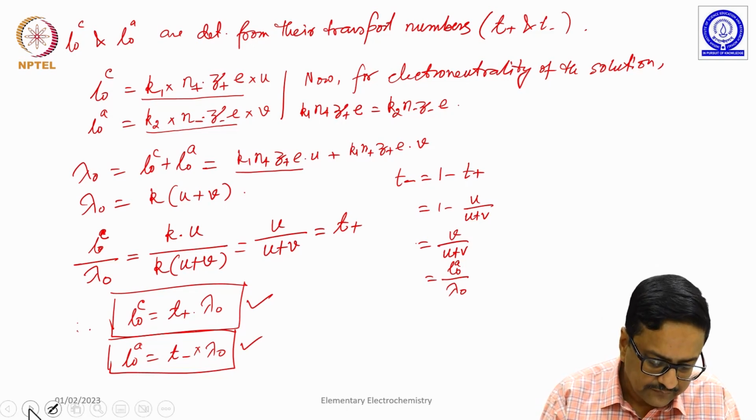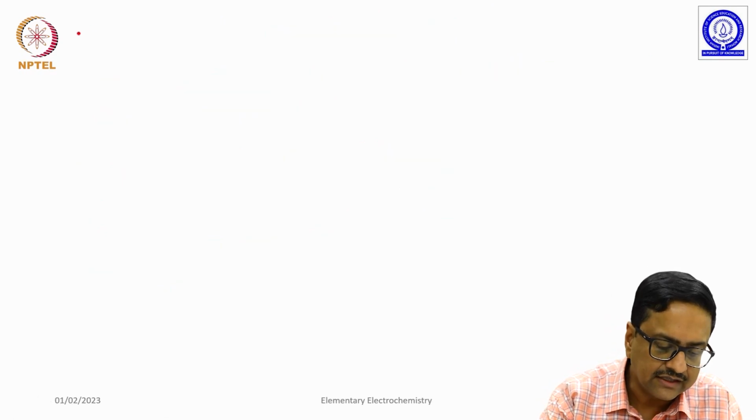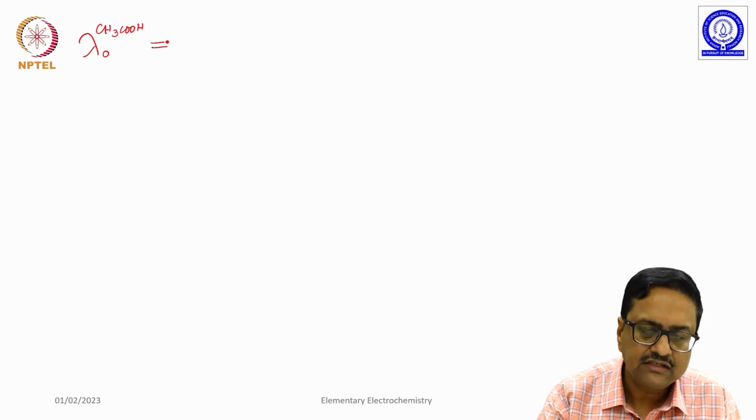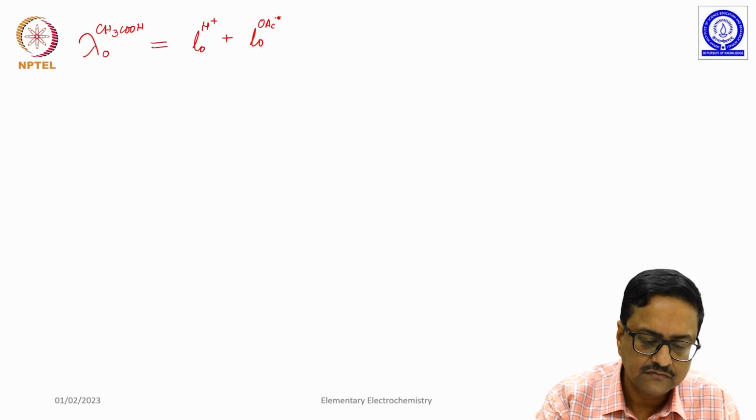So for example, if you want to determine the equivalent conductance at infinite dilution for acetic acid, which is CH3COOH, in terms of ion conductances, one can write it as L0 of H plus plus L0 of acetate anion.